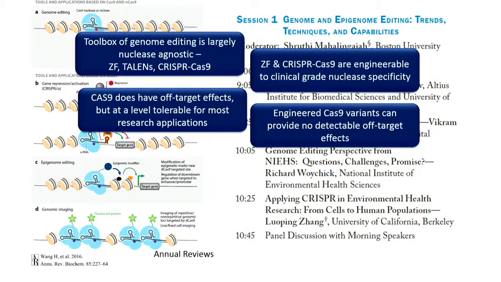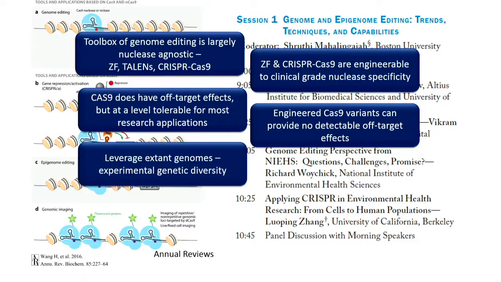We learned that engineered Cas9 variants can provide no detectable off-target effects, and that's a really unsatisfying phrase to me, but that is what we learned, right? So is proving that negative really enough? How much is enough, and how do we learn more about that?